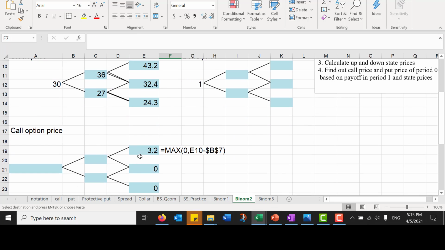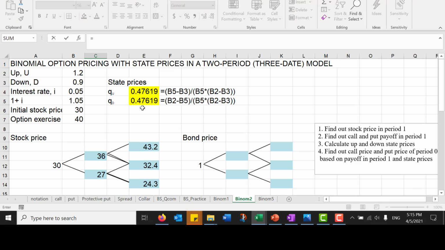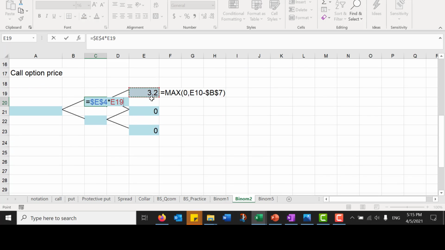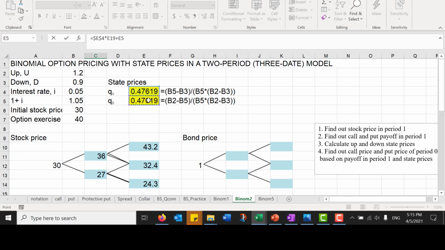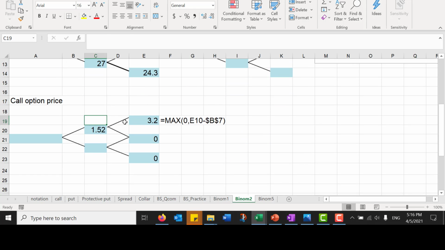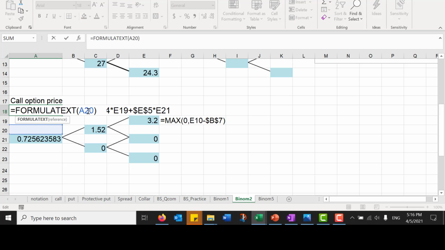So this is the formula. We want to find out what is the required standard deviation so we can fit our call price to 5.35. To do this, we need an initial number. Goal Seek cannot replace a formula, so for this input, we want to copy and paste it as a value.